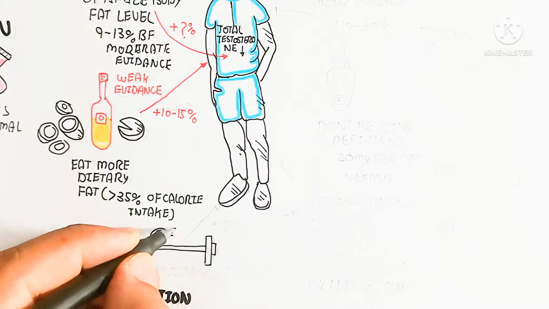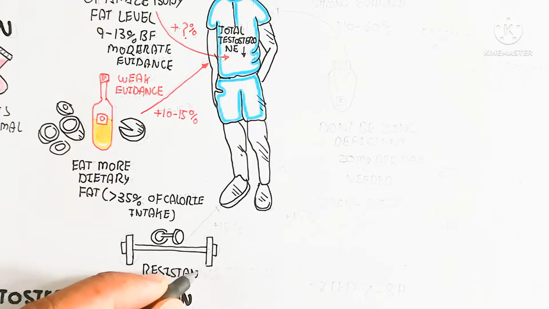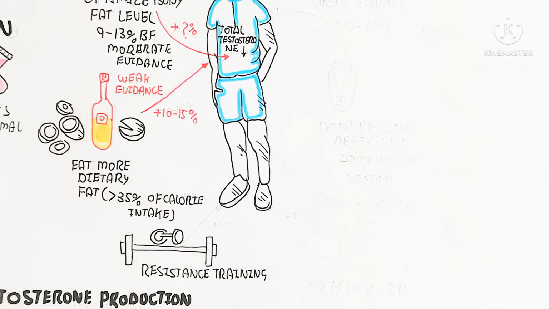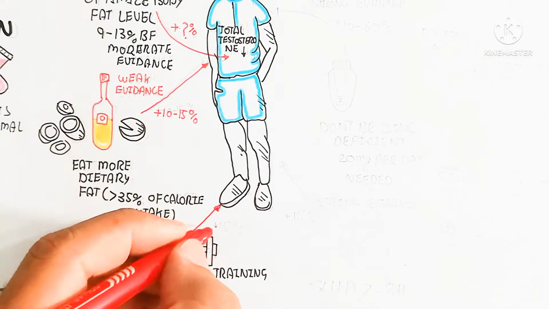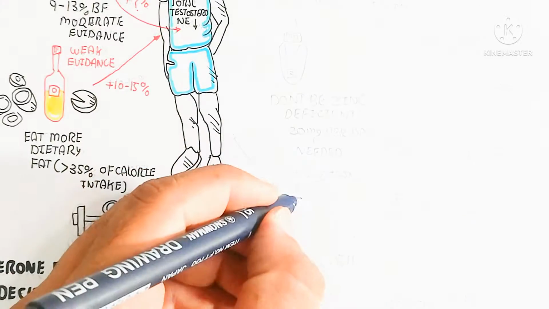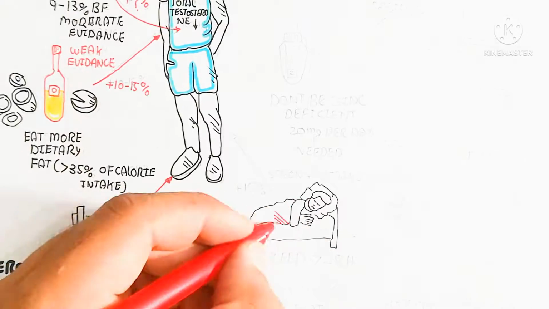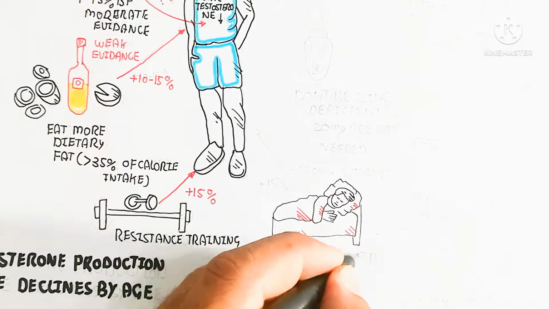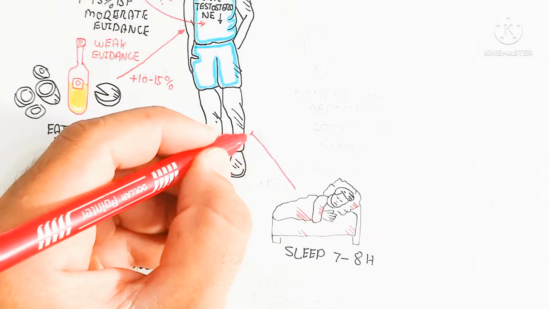But on the other hand, endurance and resistance training are directly linked to the production of testosterone. For example, training a bigger muscle through resistance training will lead to 15% plus more testosterone.